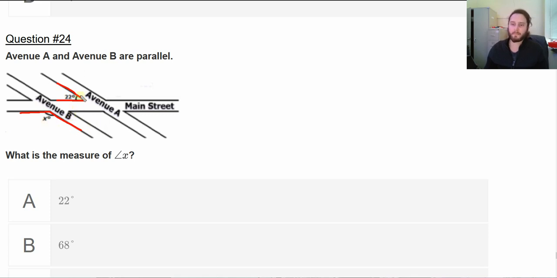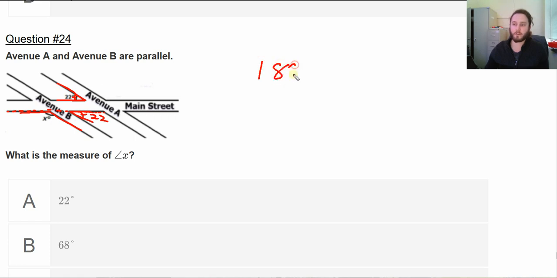Well, we can see this angle over here, 22 degrees, is the same as this one down here. These two angles are exactly the same. And that means this is 22 degrees, and these two are going to form a straight line.